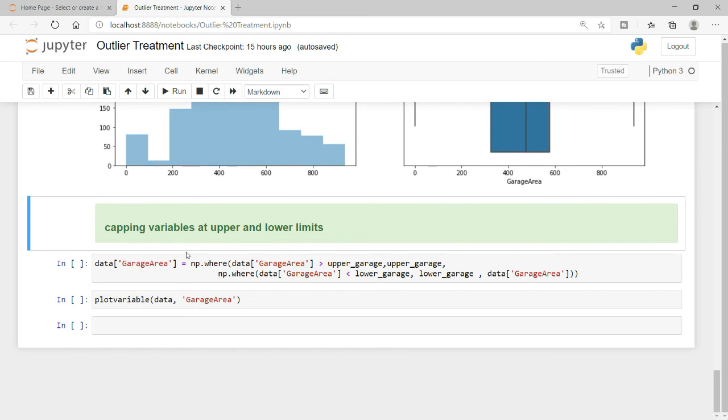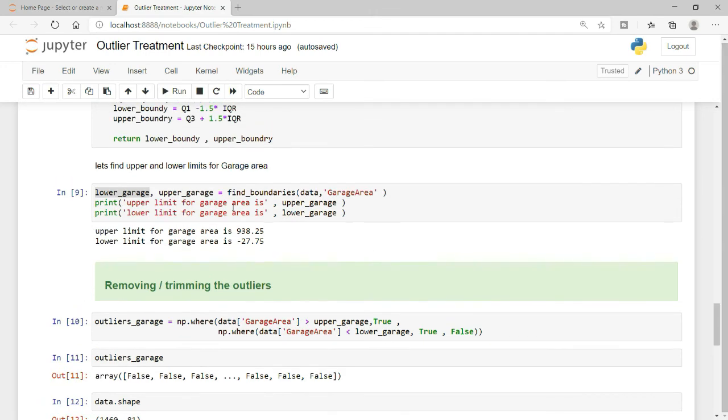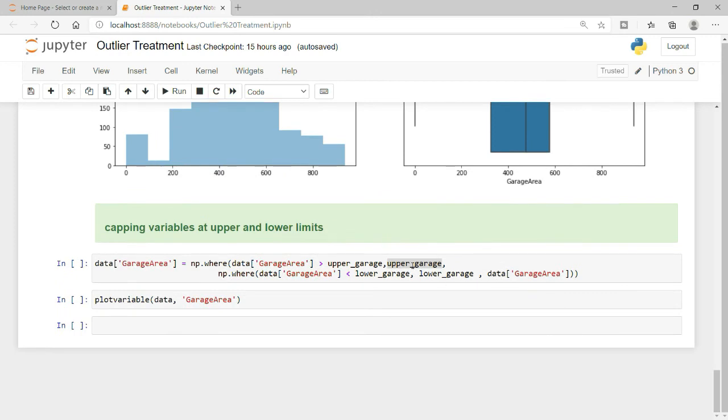I'm using my data frame data and updating my variable, and I'm using numpy's where clause again, saying that whatever observation in my garage area column is exceeding the upper range, replace it with the upper range itself. So whatever is above the upper limit, which I calculated here, I replace with the upper limit itself.